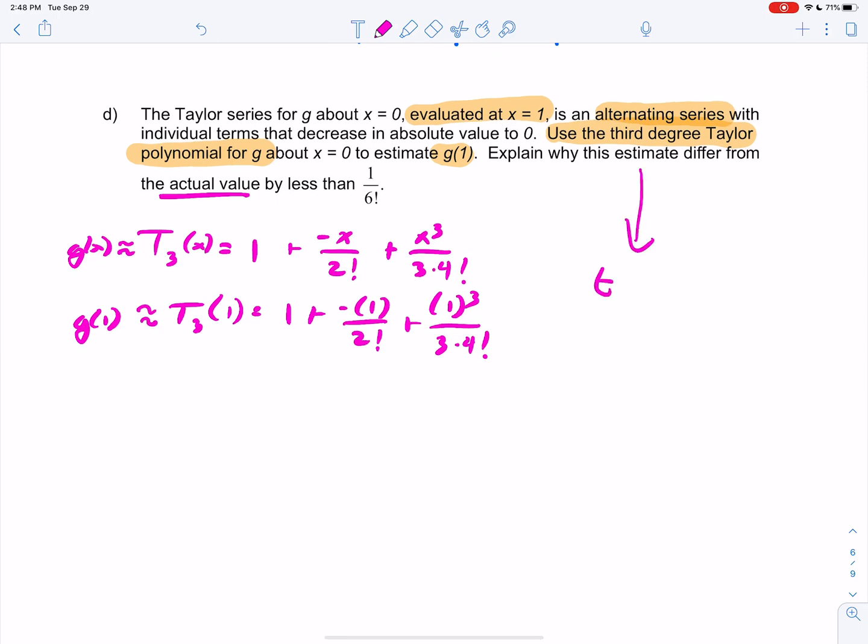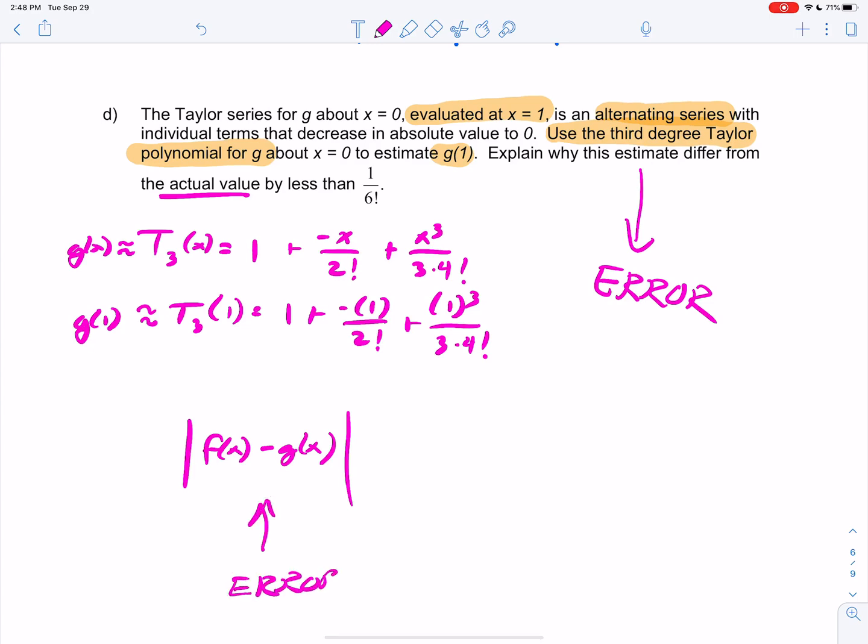That's code for error. So here we go. The absolute value of f of x minus g of x. Remember, this right here is error. It will be maximized by what? Remember, it's always going to be the n plus 1 term. So how many terms did we use for the approximation of g of 1? We used the first 3 terms.